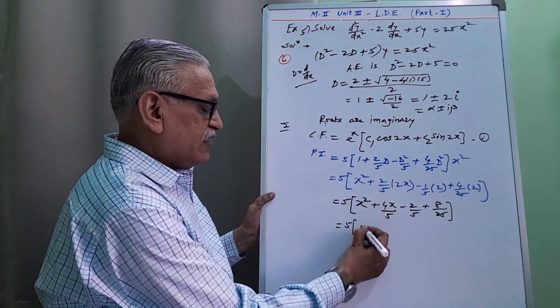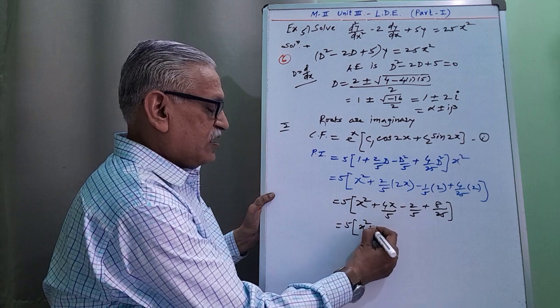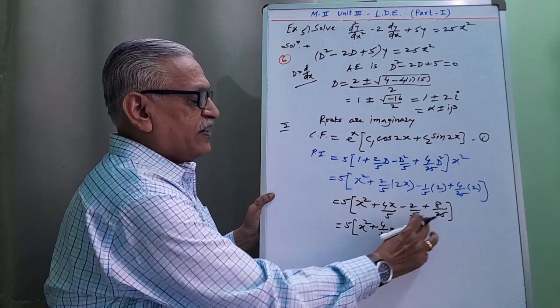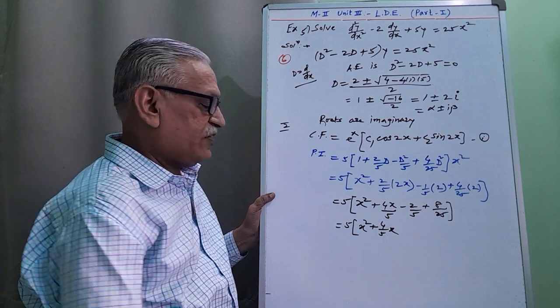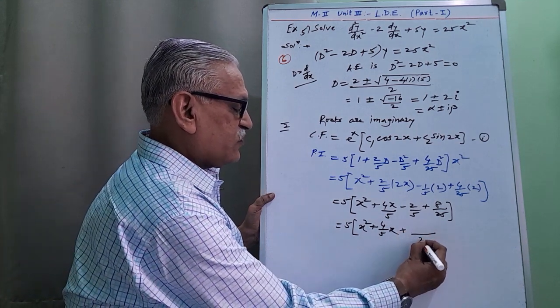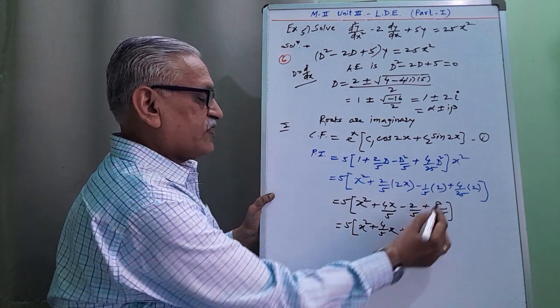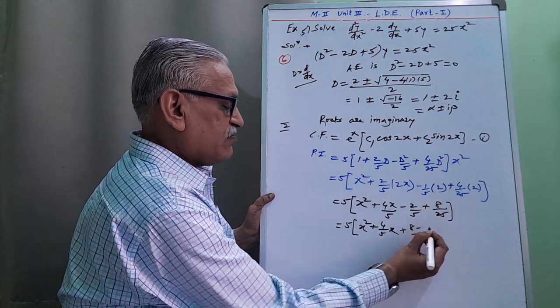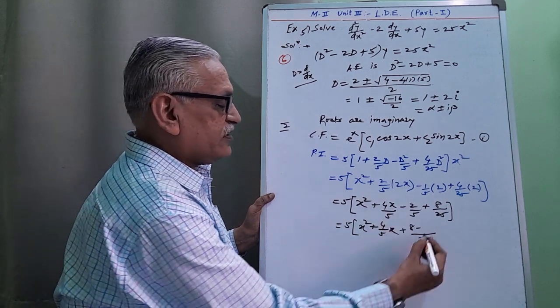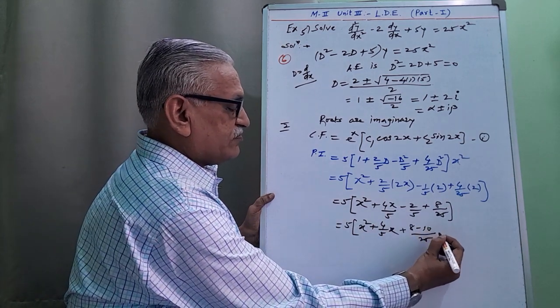Simplifying it further, x square no change. I will keep that 4 by 5x also as it is. And finding the LCM of 5 and 25, LCM is 25. 8 minus 5 fives are 25, and 5 twos are 10, therefore minus 10.